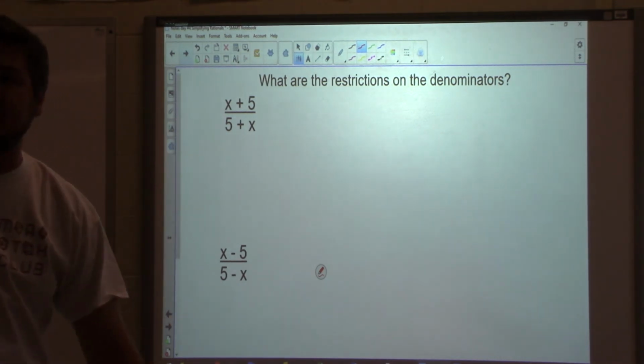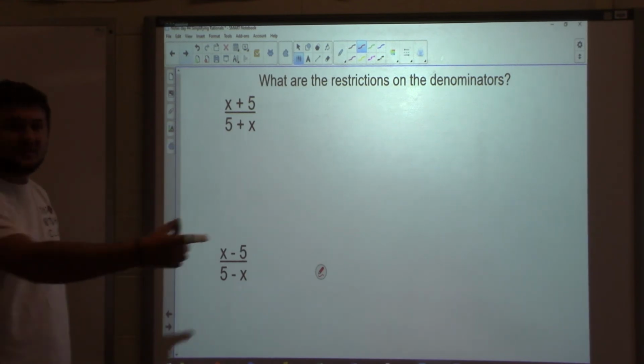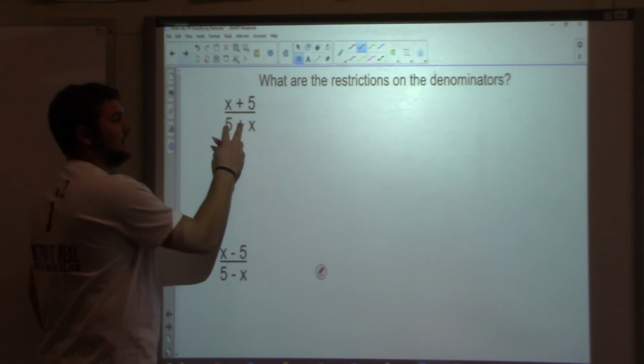X plus 5 over 5 plus x. X cannot equal -5. Can we simplify that at all? They're flipped, right? With addition, I can move these around.